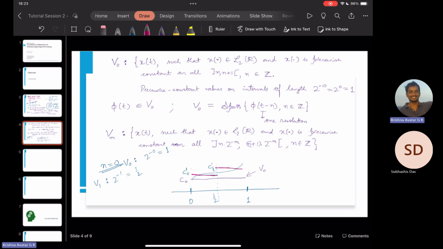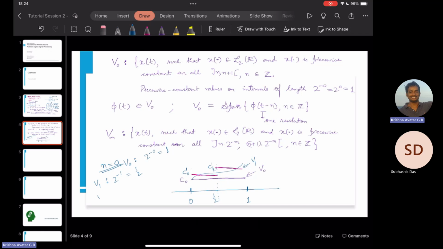This tends to represent the signal in a more accurate manner when compared with the signal here. So the red colored approximation resolves the signal in a more accurate manner when you compare with V naught.